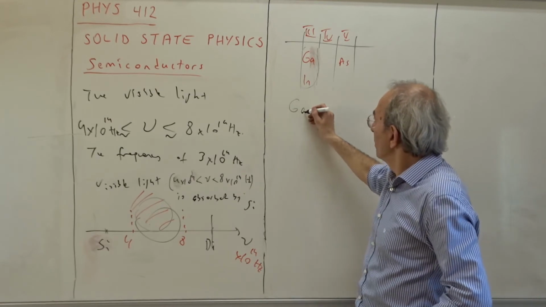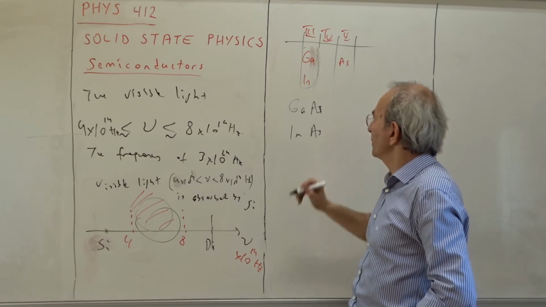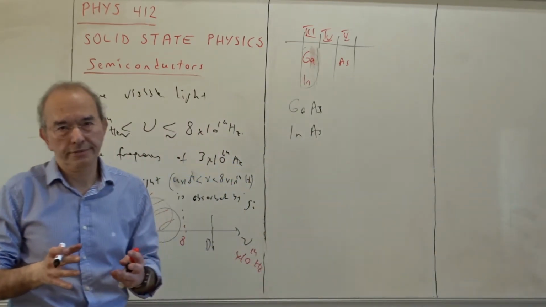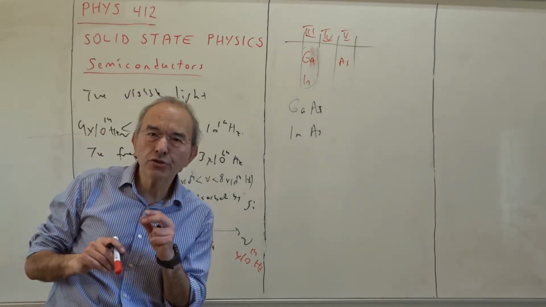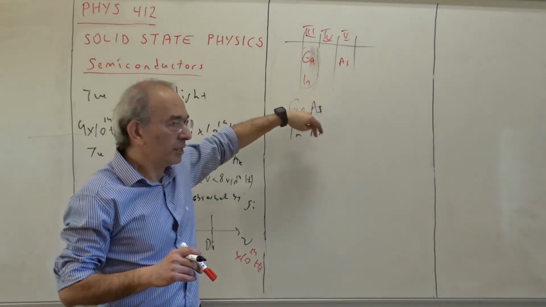So gallium arsenide and indium arsenide, for instance, are 2 possible combinations, but sometimes it is a combination of gallium and indium together with the arsenic part.